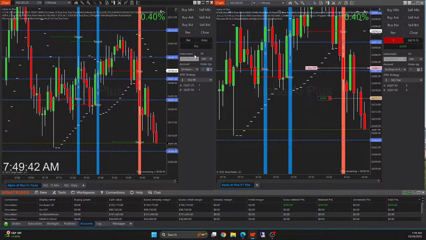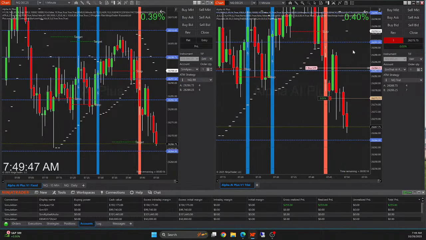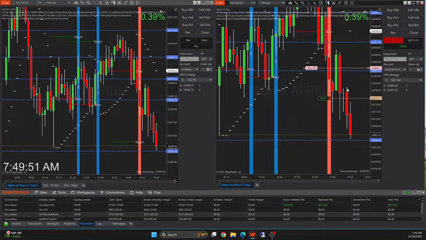Order canceled. Move target. And for the trailing, we're still waiting. Once this bar closes, I'm going to move my stop loss behind this bar. So I'm going to move my stop loss now, reduce my risk a little bit.